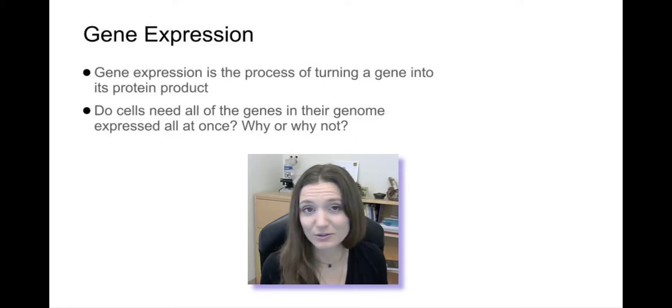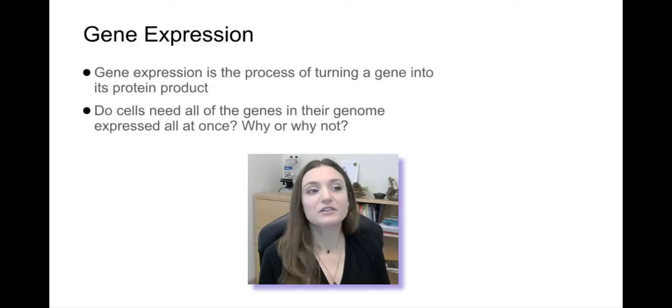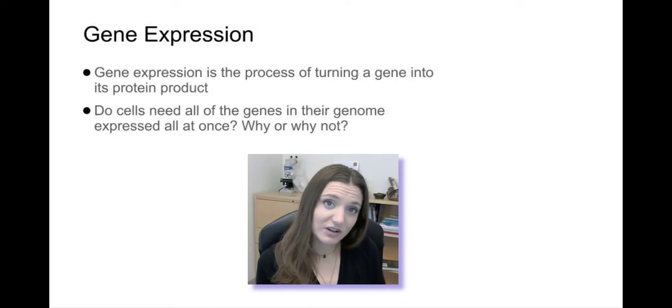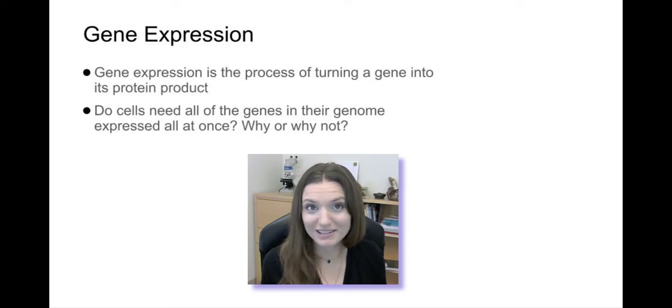That way they can secrete it into the stomach, right? We don't need the gene for producing light-sensitive proteins anywhere besides our eyes. So genes will be regulated, turned on or turned off in different ways, so that we're not constantly making a bunch of proteins that are not necessary for the cell.